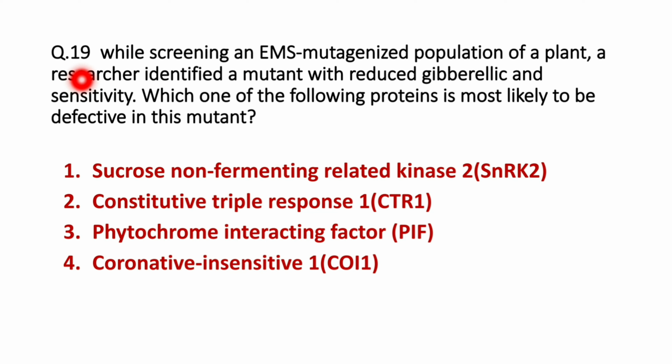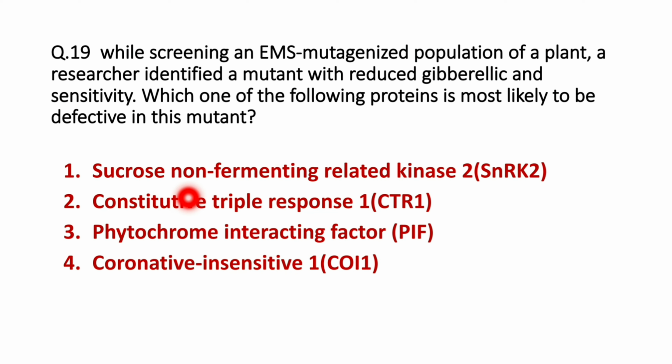Question number 19. While screening an EMS mutagenized population of a plant, a researcher identified a mutant with reduced gibberellic acid sensitivity. Which one of the following proteins is most likely to be defective in this mutant?